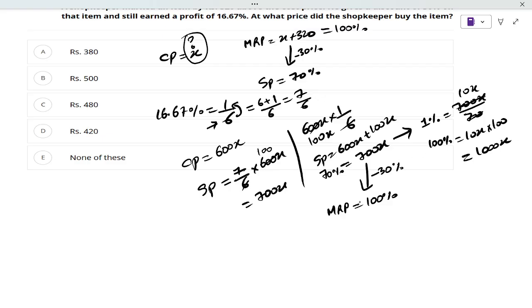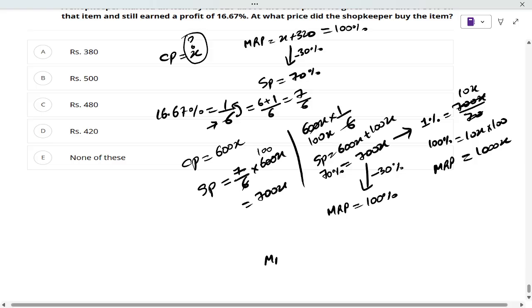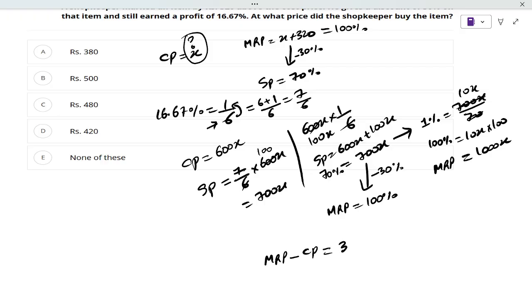So now we know the market price, MRP. MRP is 1000. So MRP minus the cost price will give us 320 rupees or no, since 320 rupees was marked above the cost price, which mentioned in the question.